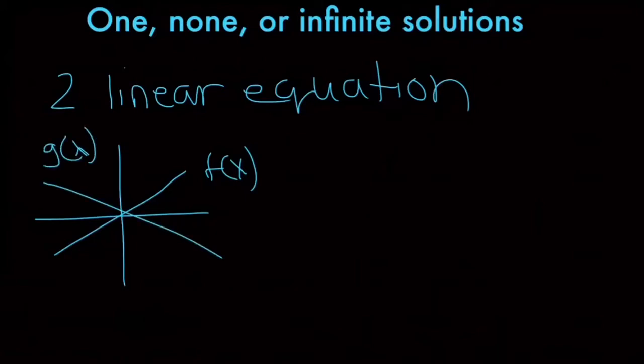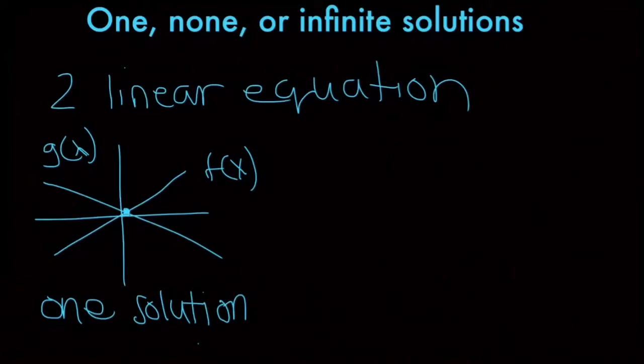A solution is a point where they intersect. So this right here is the solution of the equation. We could find it if there were numbers, or if we had the equations, we would be able to specify. But this system of linear equations has one solution, because right here there is one point where they intersect. This will have one solution.